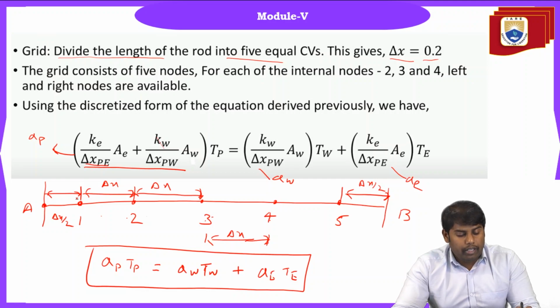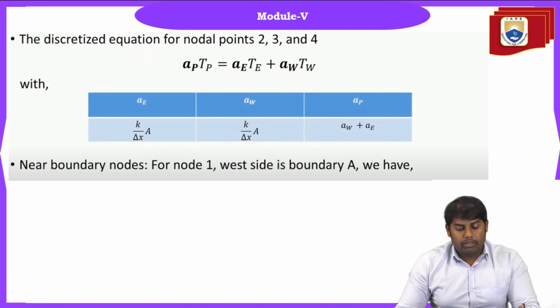When we are solving any particular problem in the finite volume formulation, the main important thing we need to see is what the neighboring points are. If it is at the west node, we have a wall or the boundary. For the east node, for the point 5, we again have a boundary. So this formulation cannot be used for points 1 and 5. Okay, so this is what we have.